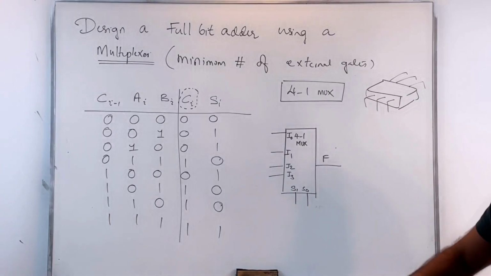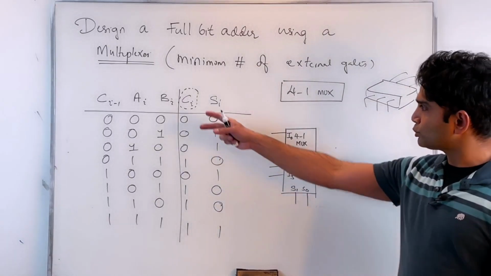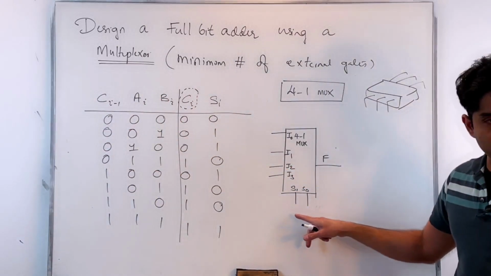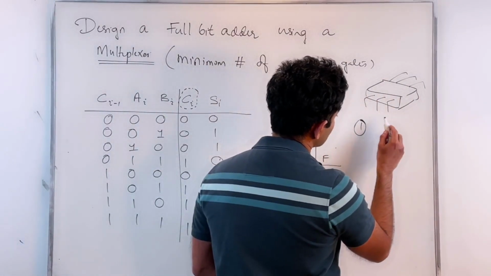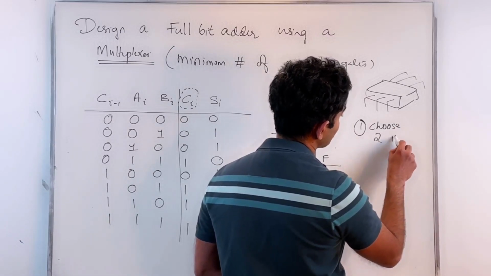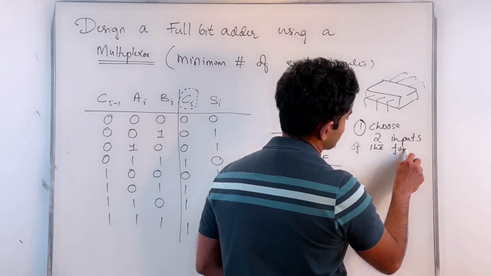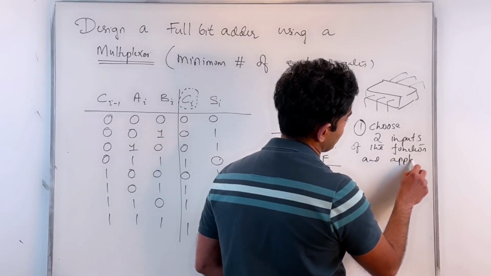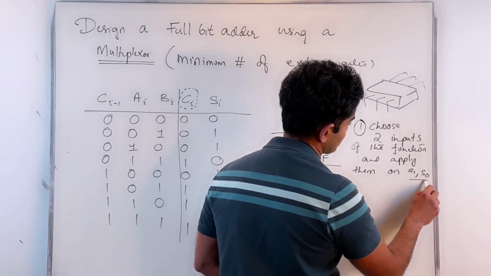I have two selector inputs, so I will choose two of the inputs of the function to be implemented from my truth table and apply them on the S1 and S0 inputs.